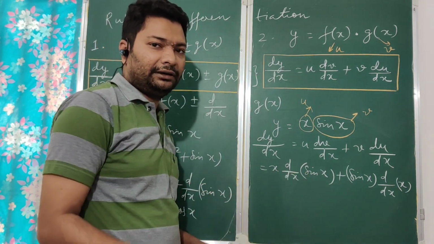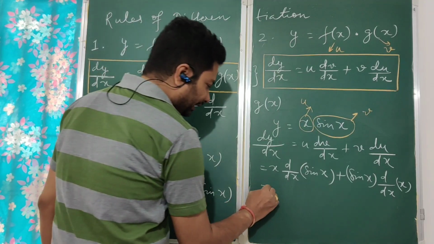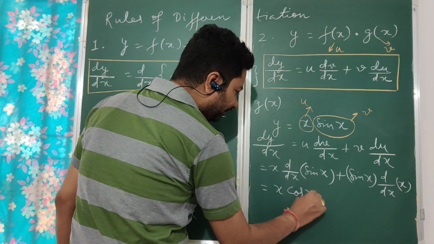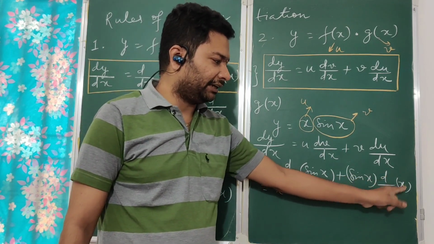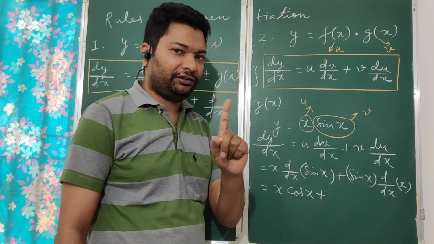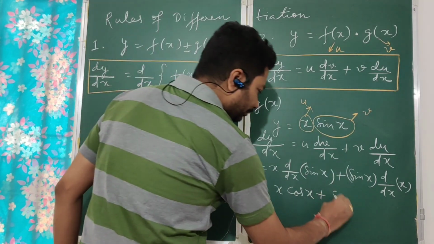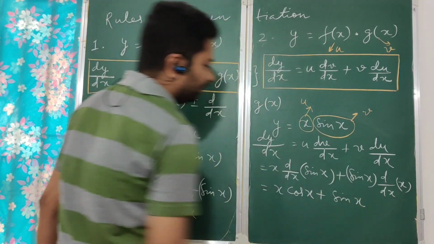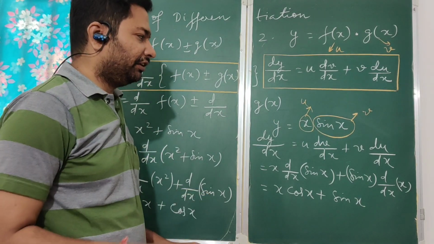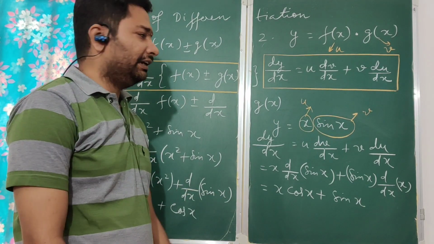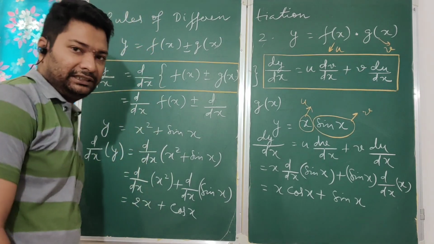Just some time back we learned it is cos x. So we can write this as x into cos x plus, here you are having sin x, d by dx of x. What is d by dx of x? It is 1. So it will be plus sin x. So that is how you deal with differentiation when two functions are given in multiplication with each other.